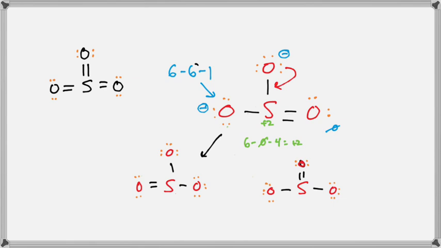Cool. Why did we make those bonds? Why did we make those double bonds? You have the answer. Sulfur has an expanded octet. Nope. To satisfy the formal charge. That's why we made the double bonds.